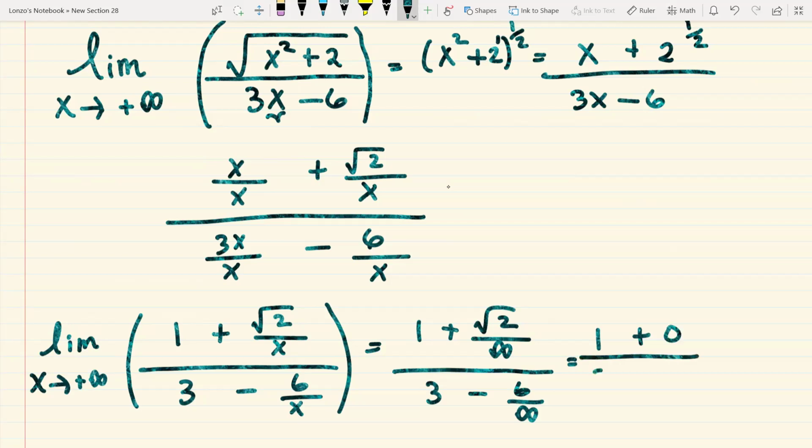And then on the bottom it's 3 minus, what's 6 over a very large number? That becomes 0. So on the numerator, what's 1 plus 0? 1. And then on the bottom, 3 minus 0 is 3. 1/3 is a real number, so we're good. We don't have to use another technique. So this is our final answer.